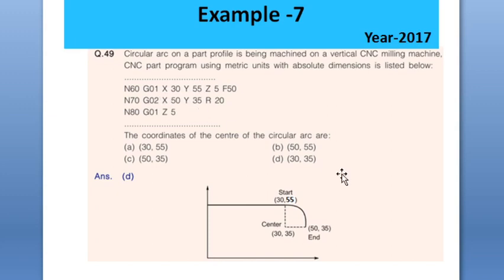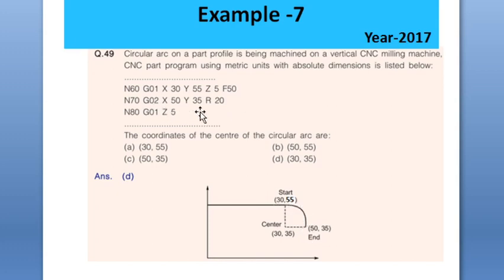X30, Y55 is the starting point, the 60th line, sequence number 60. Therefore, the starting point of the arc is 30, 55. G02 is circular clockwise direction, so it moves from this point in the clockwise direction. Starting point 30, 55.